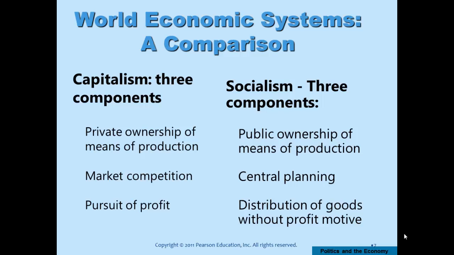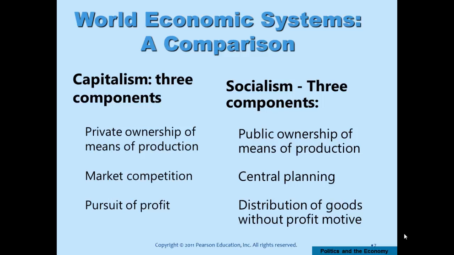If the consumer doesn't buy the product, it is no longer produced. That is supposedly a strong point of capitalism: the consumer decides what's produced and what isn't. So theoretically, the consumer gets what the consumer wants. There are many things that intrude on that, but that's the basic theory.